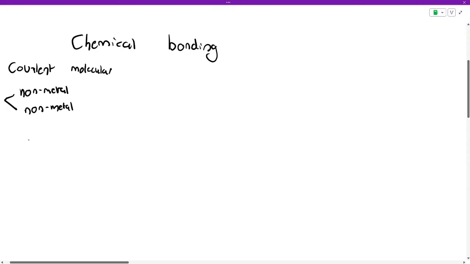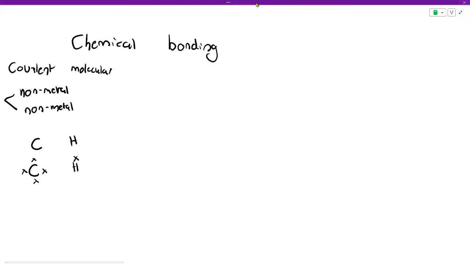So then let's look at an example. Let's say carbon bonds with hydrogen. Carbon has four valence electrons, while hydrogen has one electron.